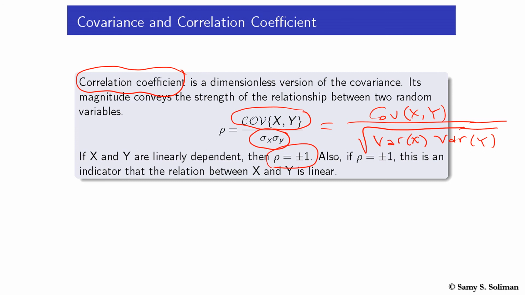And if we have completely independent random variables, then the correlation coefficient is equal to 0, and of course it follows because the covariance is equal to 0 in this case. Also, if rho is equal to positive or -1, this is an indicator that the relation between x and y is linear.